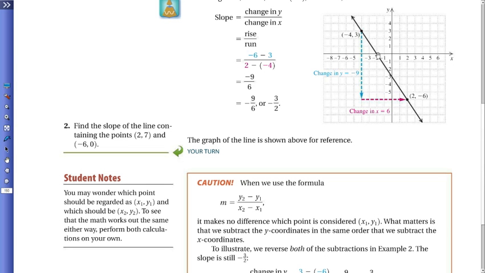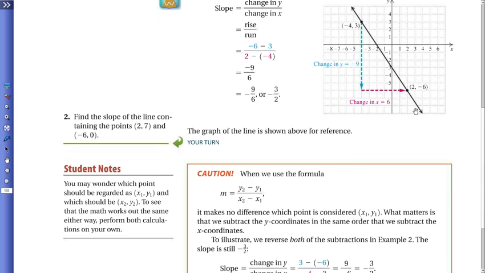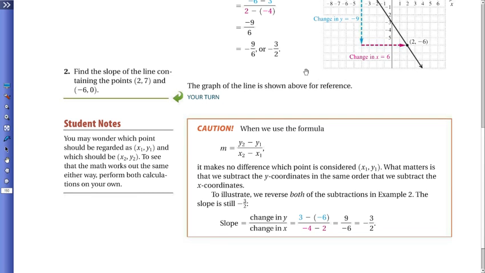Hey, I hit another point on this line. I could go down 3 to the right 2, I get another point, down 3 to the right 2. It's just like walking this right triangle to another place on the hypotenuse of that triangle, just to tie in some geometry. Okay?